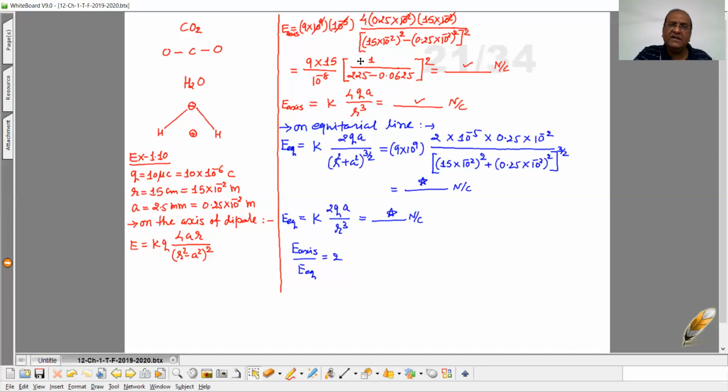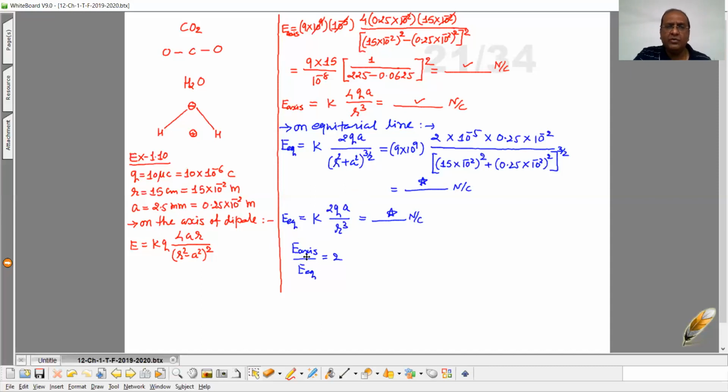But in theory we directly derived this equation, and this equation is valid for any point situated at any distance. Clear? So directly we can use it.